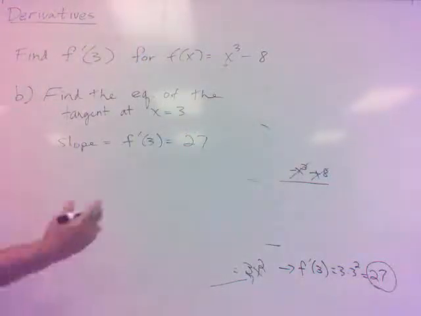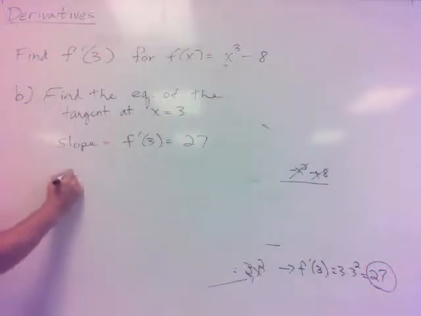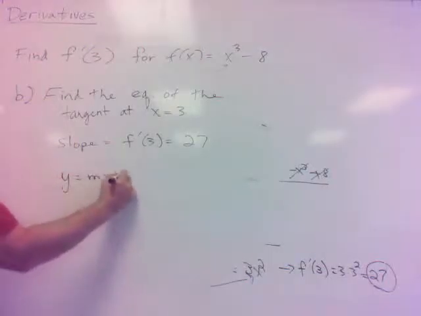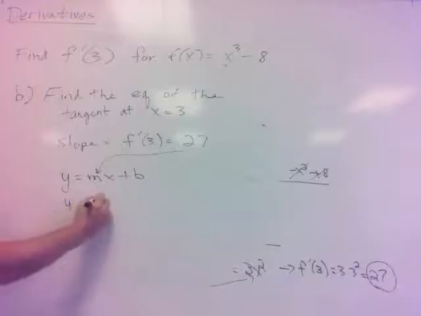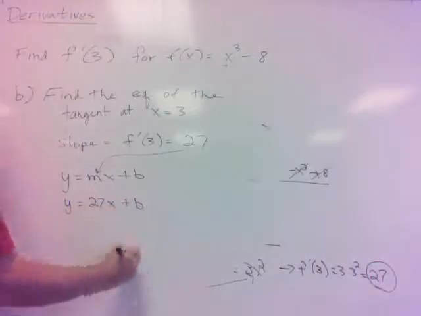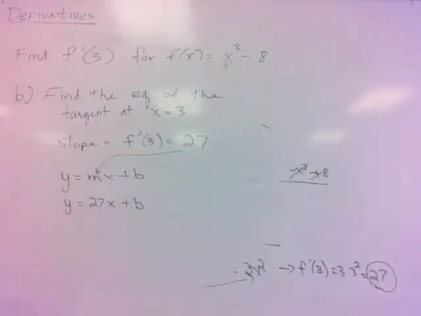Then the tangent line, y equals mx plus b, or however you want to write it. I now know m is 27, so 27x plus b. If I do it this way, I still need to find b. How am I going to find b? Well, I've got an x value, I know x is 3.